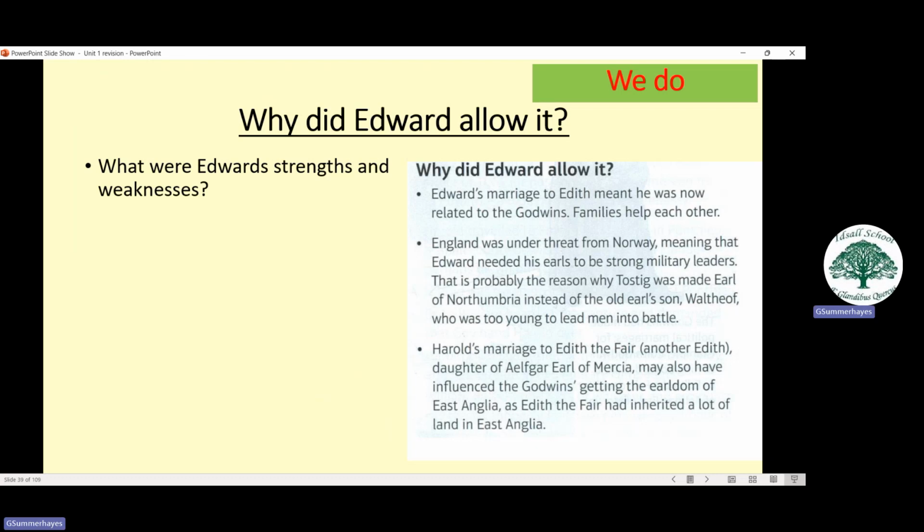And then Harold marrying the sister of Morcar and Edwin also meant that he had become more powerful, and Edward didn't really have much choice, to be honest.